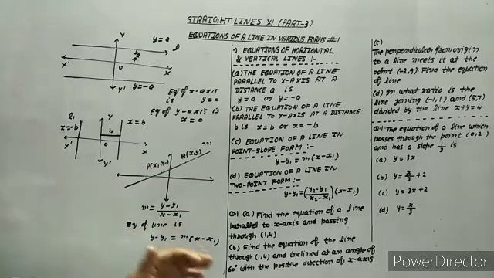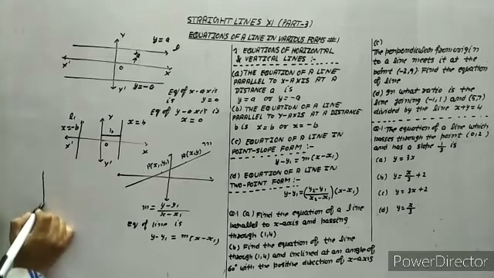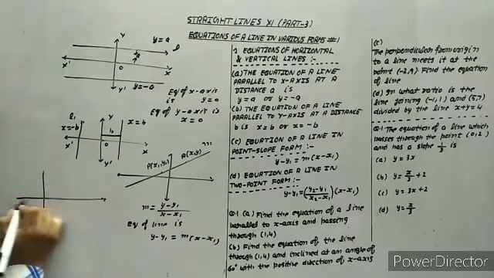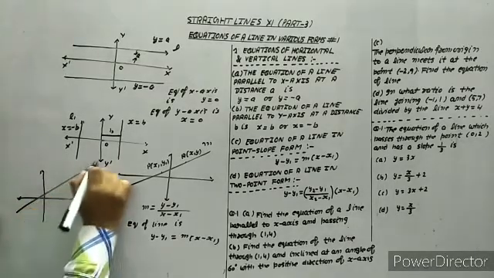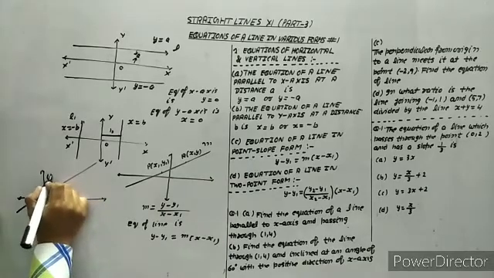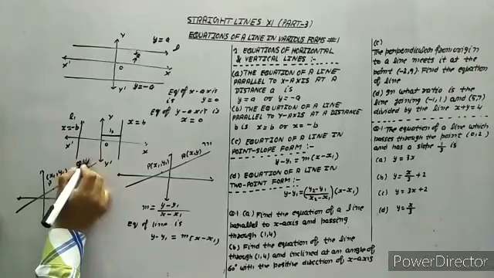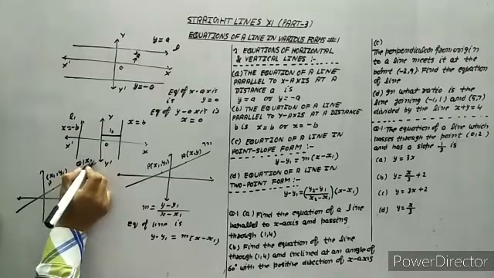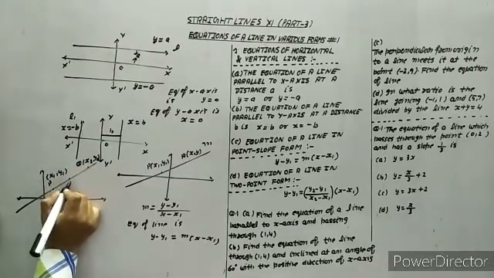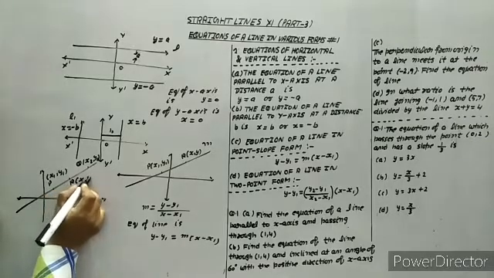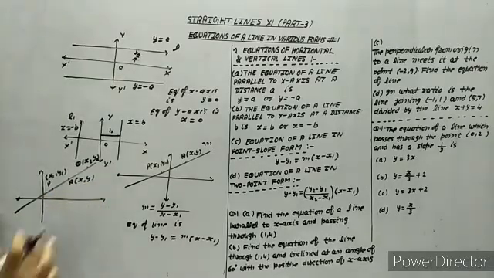Now, the equation of a line in two points form. In two points form, we have to remember this: we have a line which is passing through two given points. Let us suppose this is P (x1, y1) and Q (x2, y2). Let any point on the line be R (x, y).